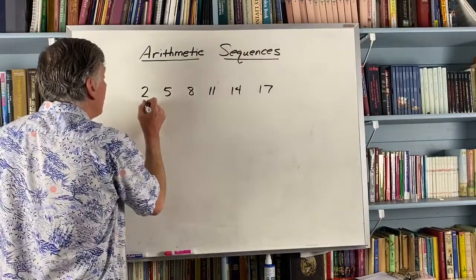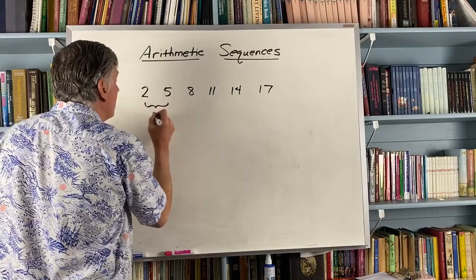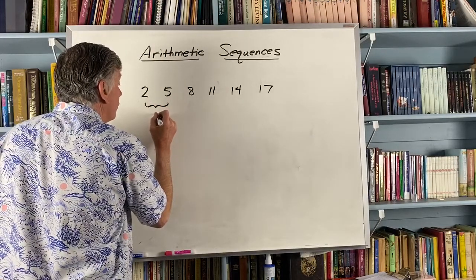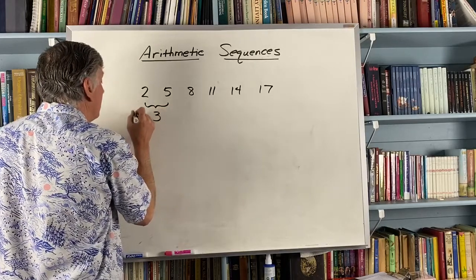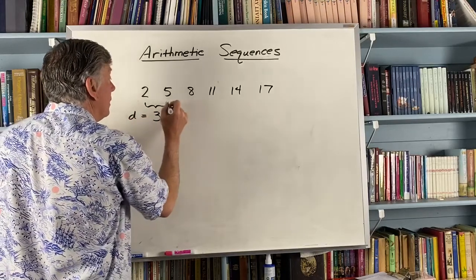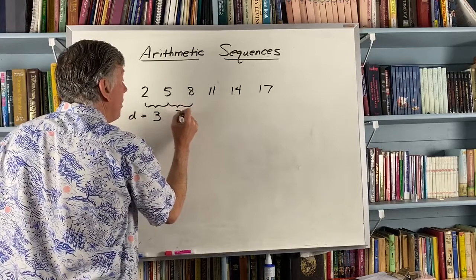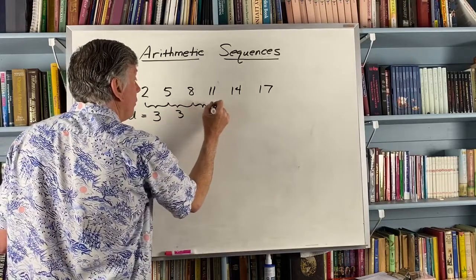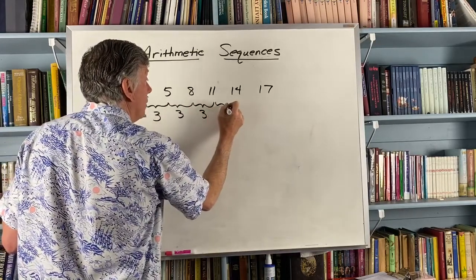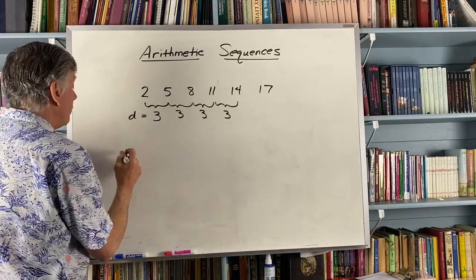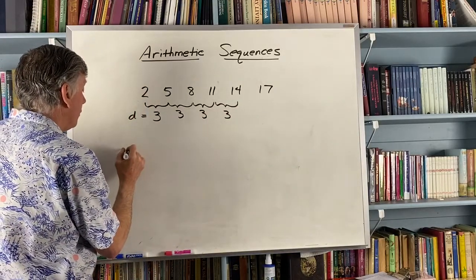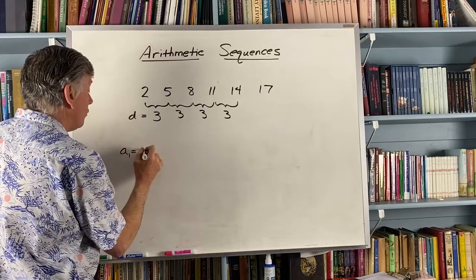So in this case, my distance or difference between the two, which we call D, is 3. I'm going to write that. D is 3. It's always 3 apart. So my first term is 2.